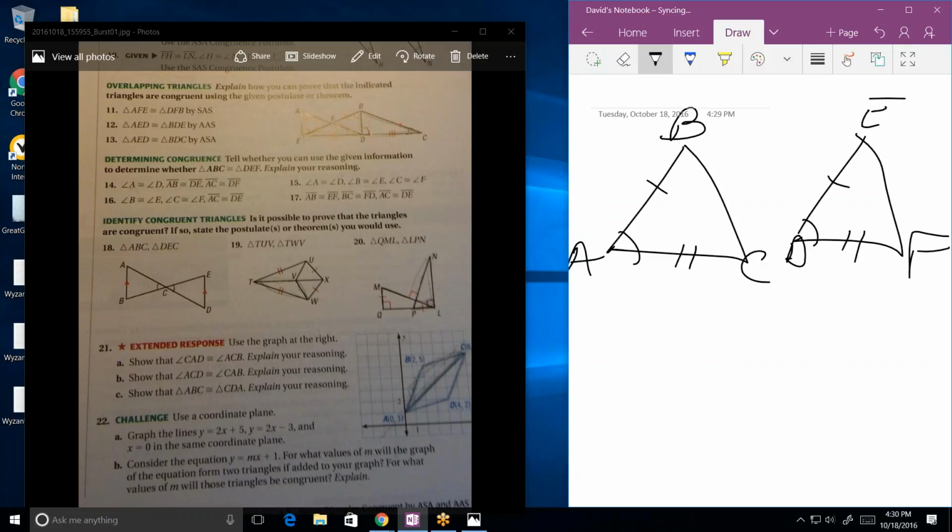Good. Okay, let's see if I can erase this without having to redraw everything. Not so easily. So in number 15, we got angle A and D are equal. Angle B and E are equal, and angle C and F are equal.